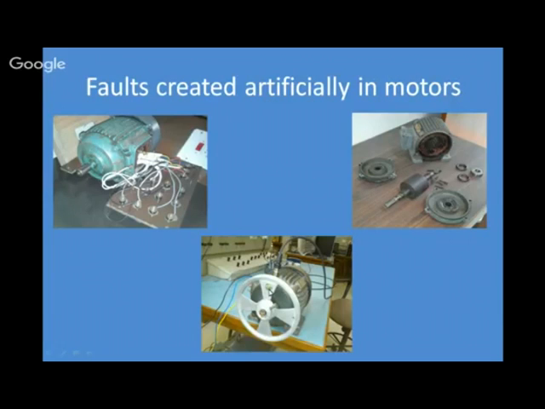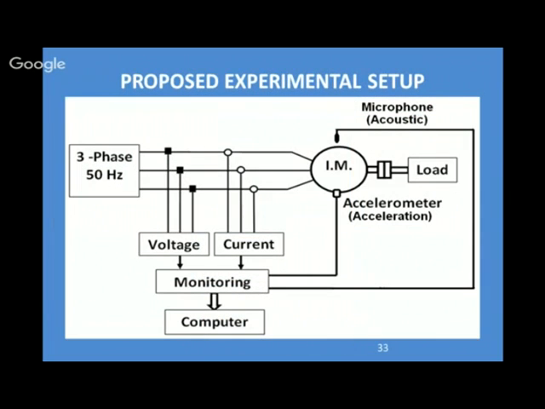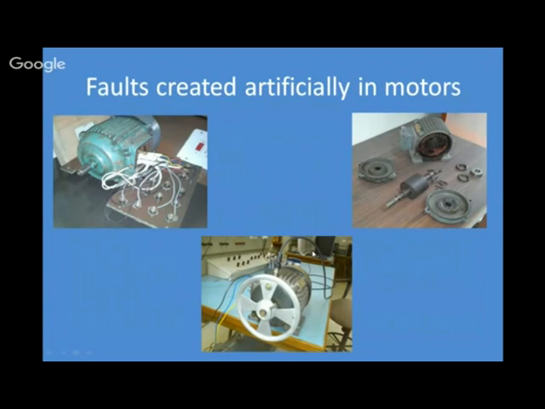Rotor can be imbalanced using this flywheel type of arrangement. So vibration signals and current signals can be acquired from this. So depending on the difference in the healthy motor and faulty motor signatures, we can have the diagnosis of the type of fault and the severity of the fault of motor.